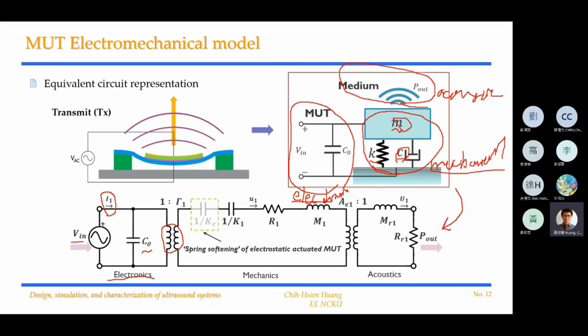And for this converter here, we are converting the electronic domain to the mechanical domain. We have a transformer with a converting ratio of 1 to gamma. So our Vin will be multiplied by this ratio, right? And the current can be converted into the vibration, where U1 represents the averaged vibration velocity of our mechanical part.